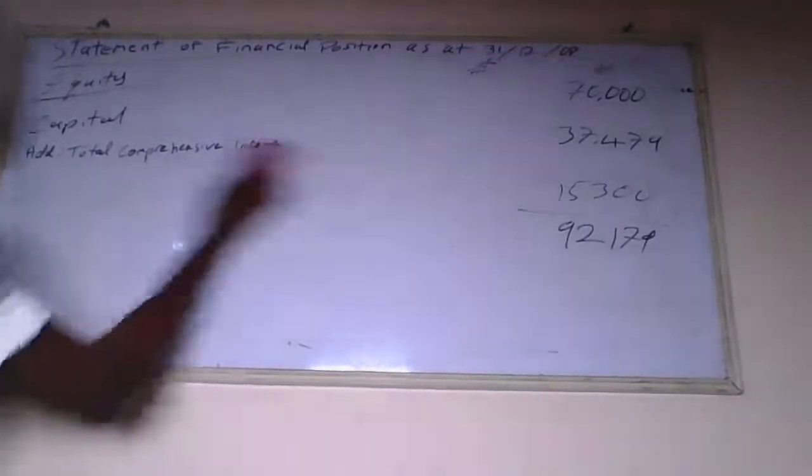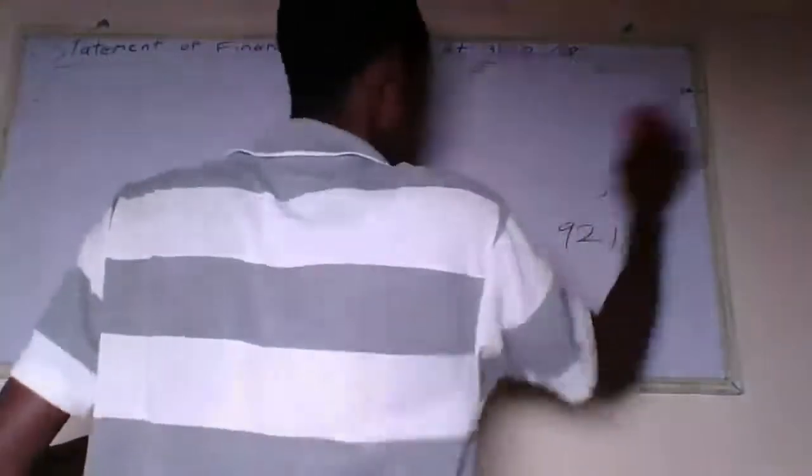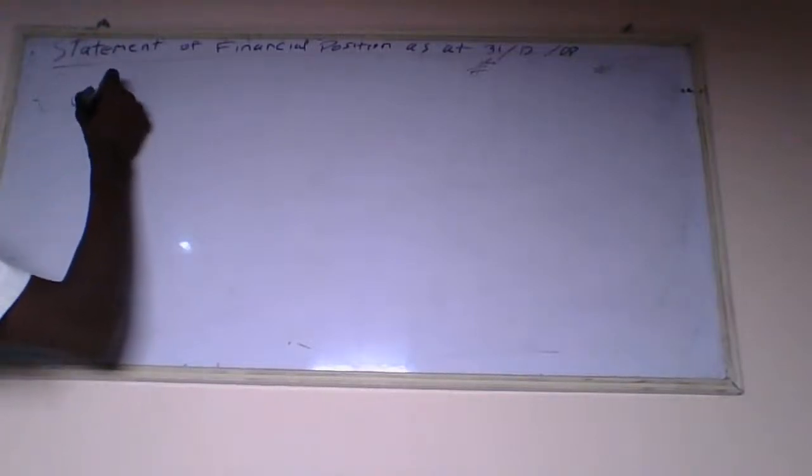So now we can move on to our liabilities. That's the last one. In this question, we're supposed to treat non-current liabilities first, but the question does not have any non-current liabilities. So we can just skip that and move on to our current liabilities.